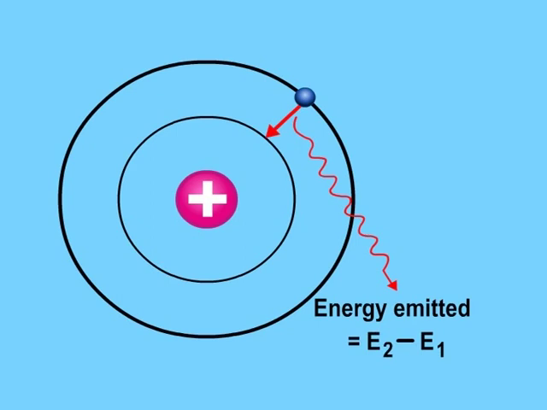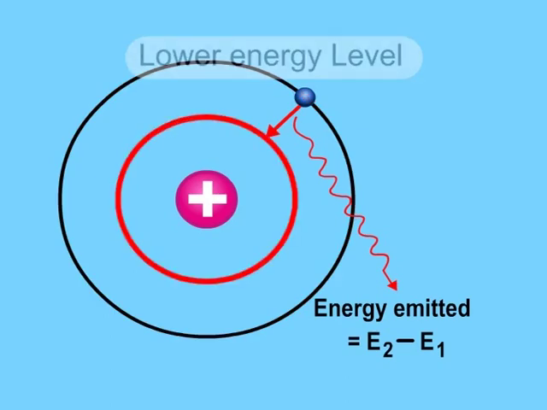Difference of energy in two orbits is shown here. When an electron present in higher energy level emits photon, it comes to lower energy level.